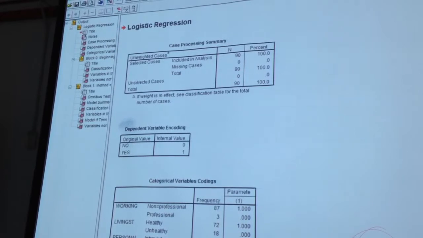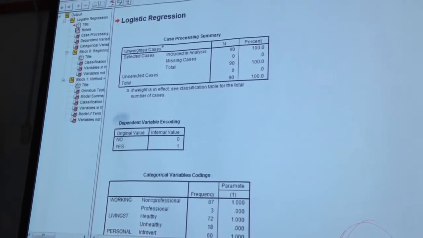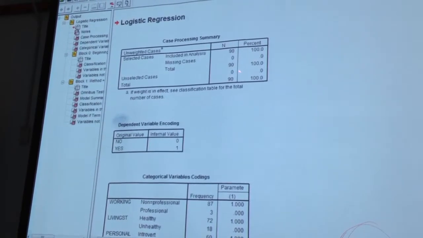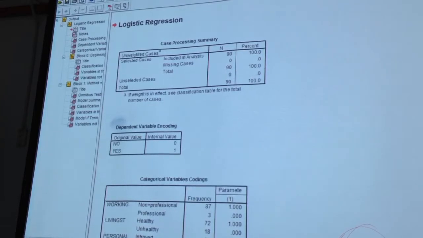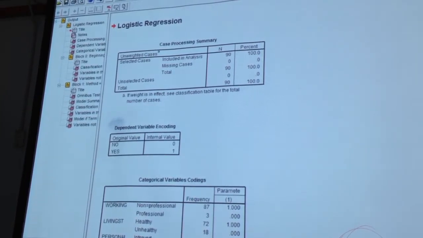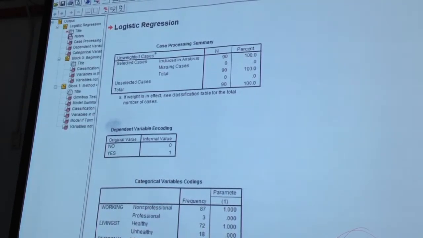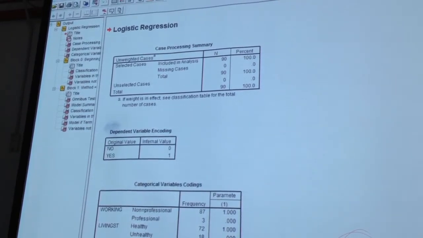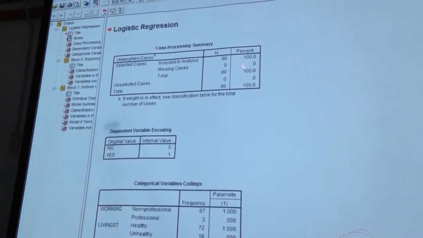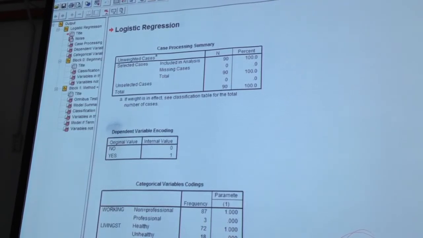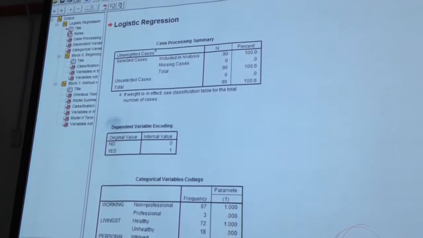So if I have 8 variables, 7 independent and 1 dependent, altogether 8, so 8 times 10 is 80. The minimum must be 80. So I have 90, then okay, no problem. I can use the multiple logistic analysis.